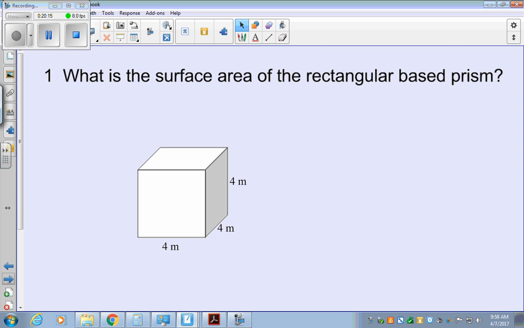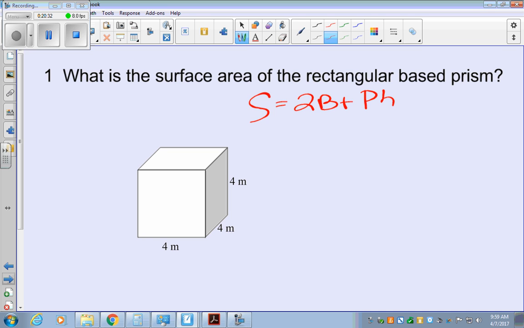All right. What is the surface area of the rectangular? This is bonus. I don't think it's on your paper. Rectangular base prism. So I'm just going to show you one more time. So our base has an area of 16.